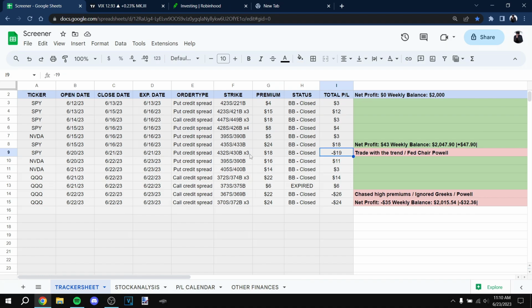And part of that criteria, I think, coming off a really good week with $43 in profit, was more premium, because I wanted to aim for $50 a week and then eventually get it to 100. So I started going for higher premium, because you can see here, right, $4 premium, $8 premium, $5 premium, and this $8 was 4 contracts, so I was only getting $2 per contract, and I opened up 4 for a total of 8.